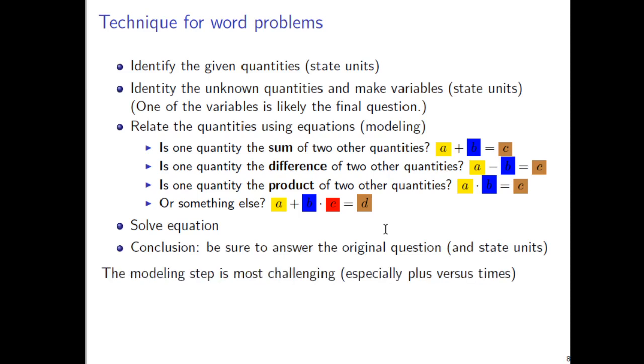This modeling step is the most challenging, especially this idea of when should you use plus and when should you use times, right? So is one quantity the sum of two others? Is one quantity the product of two others? So think about this. Buying a $2 item and then also buying a $5 item, you end up paying 2 plus 5, right? You pay for the $2 and in addition you need to pay $5.